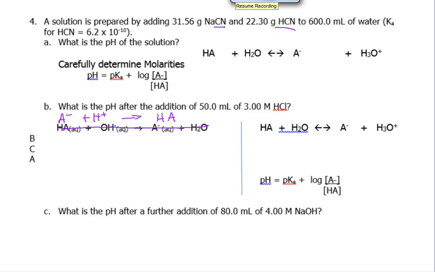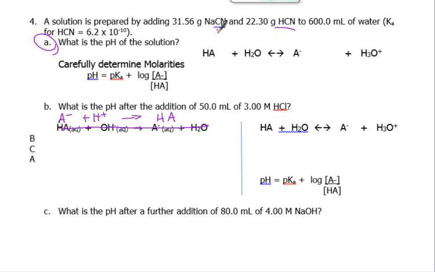So there are 2 parts here. Part 1 is we have sodium cyanide and hydrocyanic acid mixed together in water. We're given the Ka. Could we figure out the Kb for cyanide if we know the Ka for the hydrocyanic acid? Yes, we could. I'm going to change those masses into moles and divide by the volume to get molarities.